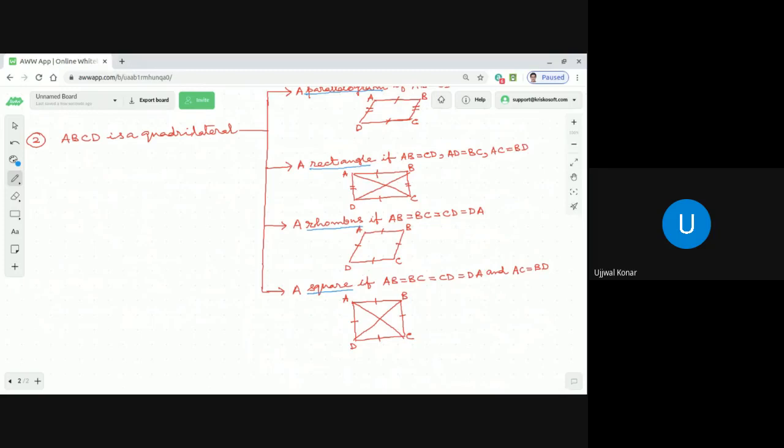That means AB is equal to BC is equal to CD is equal to DA, and AC is also equal to BD. Then you can say, yes, this quadrilateral qualifies to be a square. So from here what we can say, dear students? A square is a rhombus because a square satisfies all the conditions to become a rhombus.